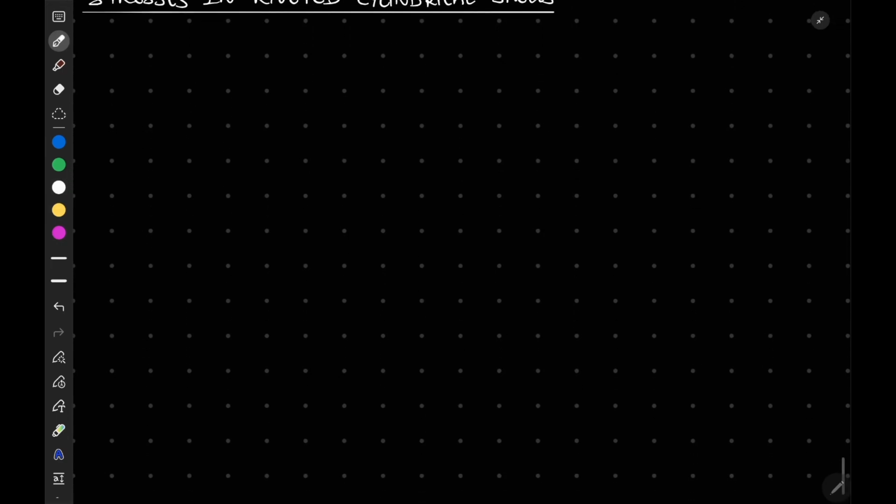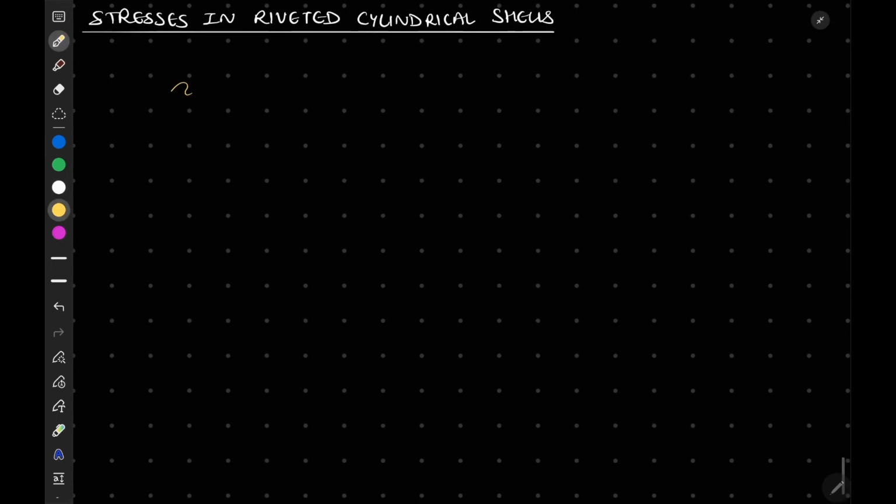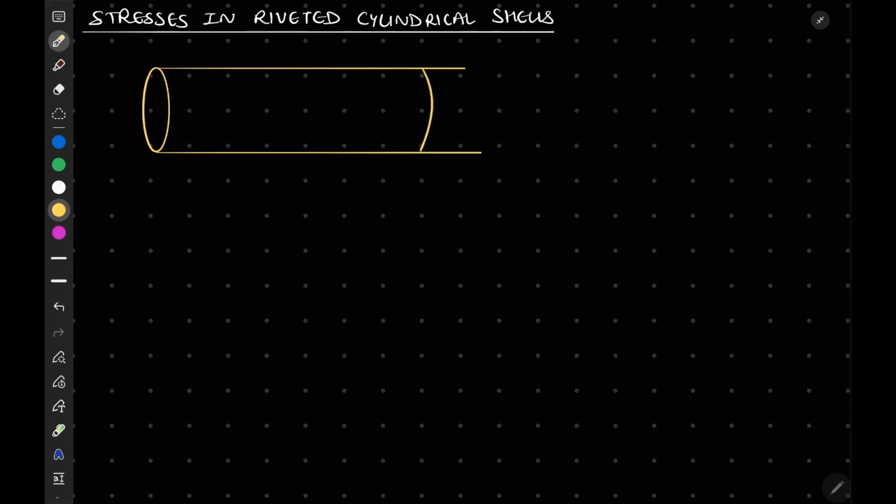So let's say that here is a cylinder. Okay, and let's say this is the end. Let me remove the extra portions from here.